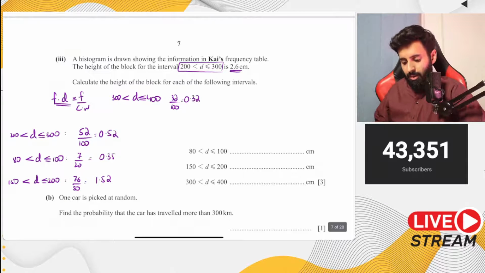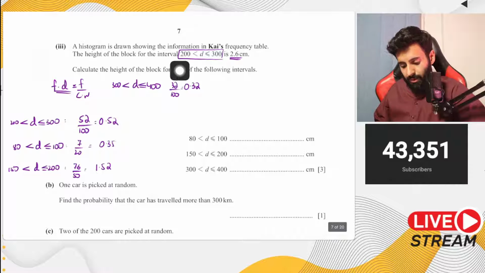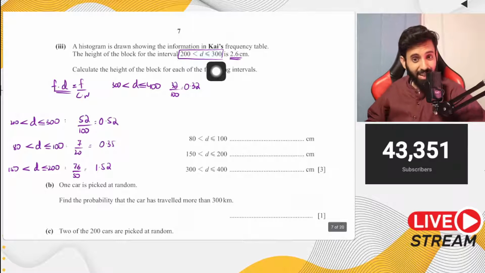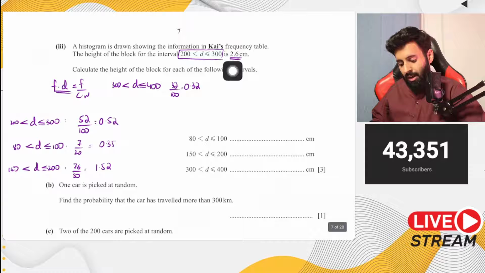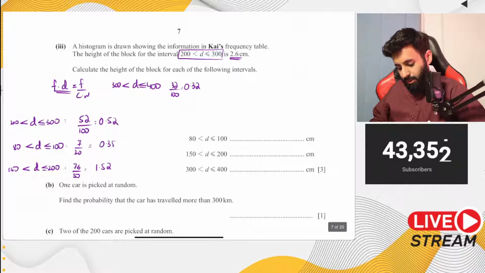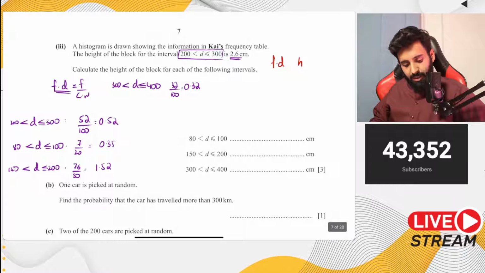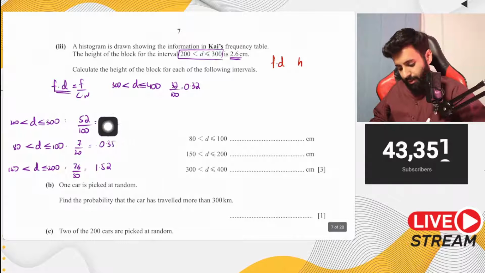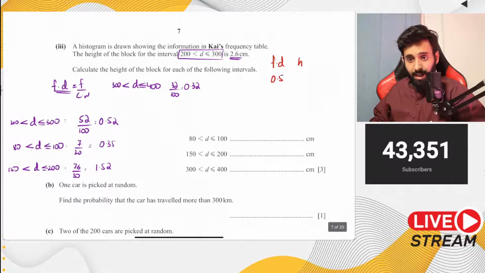Now notice what the question says: the interval from 200 to 300 has height 2.6 centimeter. So we're going to make a ratio: frequency density is to height. The interval that has frequency density 0.52 has height of 2.6 centimeter.